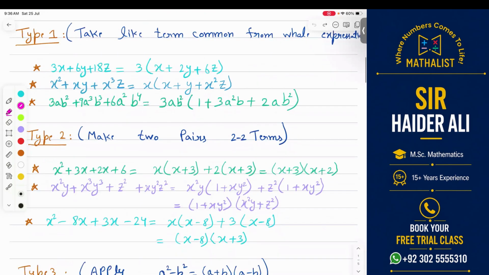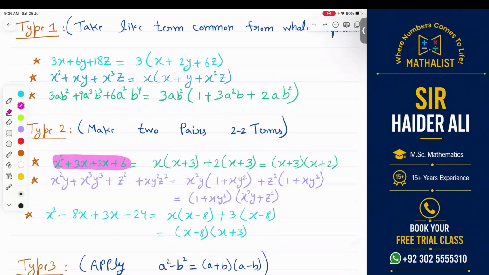And type 2 questions. First of all, you can observe that in the whole expression, no number is common, no term is common. In that case, you can make 2 pairs. I mean, first 2 terms a pair, second 2 terms a pair. The common in the first 2 is x, and the common in the second 2 is 2.